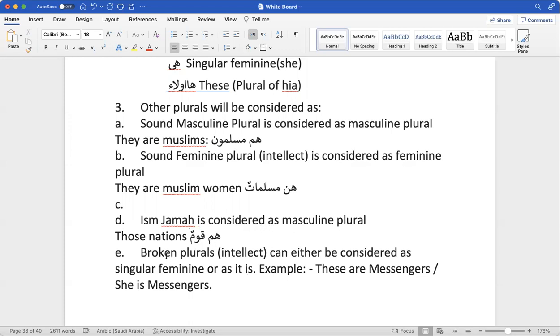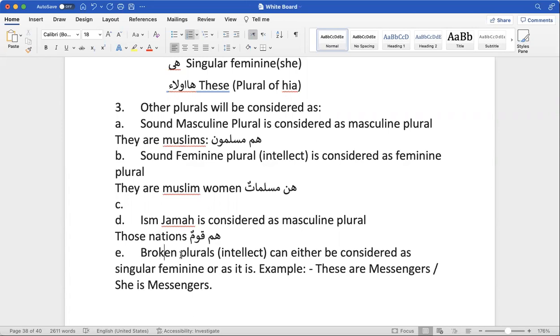So they are always considered as masculine plural. Okay, now coming to this part, we have seen normal intellect in both masculine as well as feminine. They are always considered as masculine plurals, or feminine plurals in the case of feminine. And in the case of ism jama, they are always considered as masculine plural. In the case of non-human plural or broken plural, they are always considered as singular feminine.